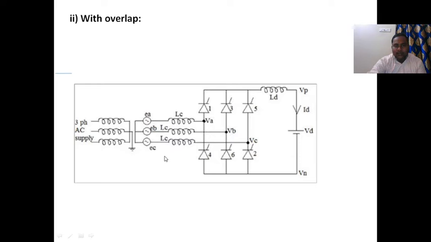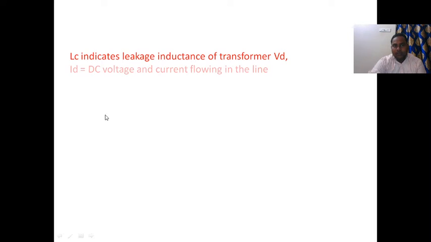Please observe the diagram with overlap and without overlap condition. Please compare both diagrams. Here also there is an inductance LD. So LC indicates the leakage inductance of the transformer. ID is equal to the DC current flowing in the line.